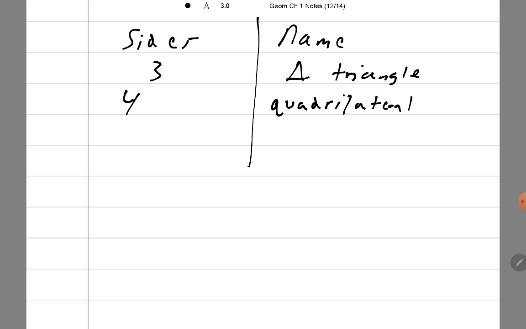So those are your rectangles, your rhombuses, your diamonds, your squares, all that. 5-sided is pentagon.